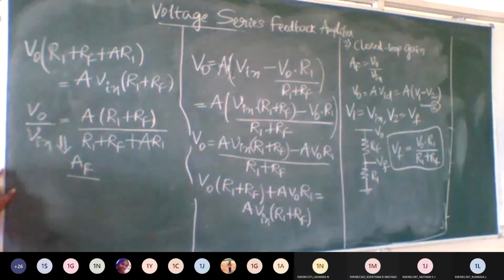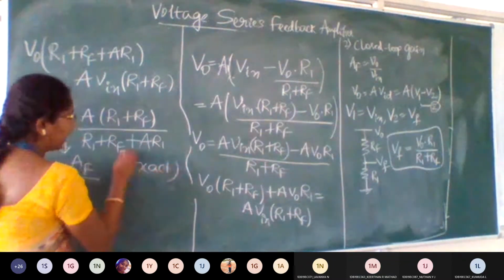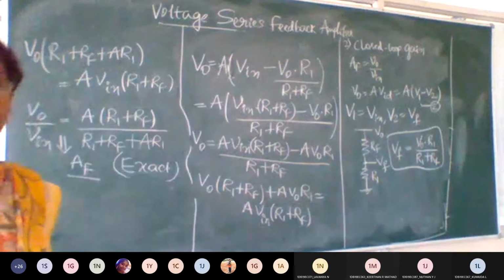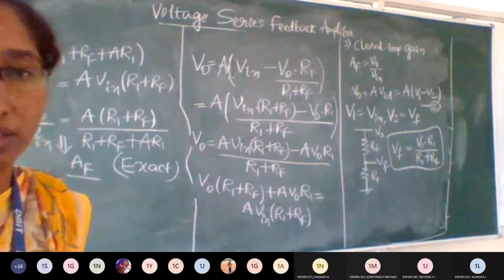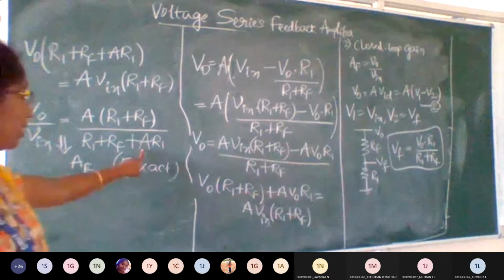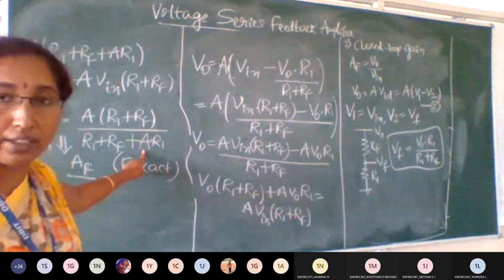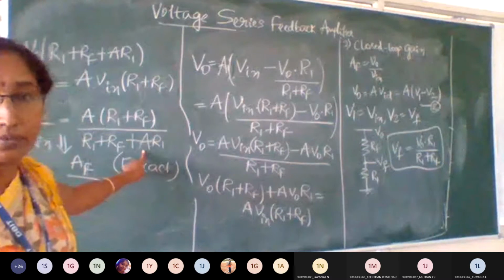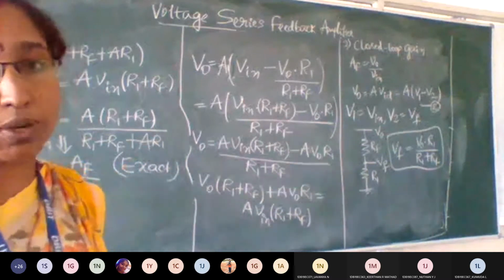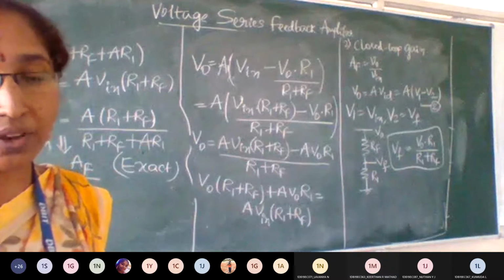this is exact analysis. What we have done according to circuit, exact. So how to get an ideal feedback closed loop gain? As you all know, the open loop gain A of an operational amplifier is high, it is infinite.